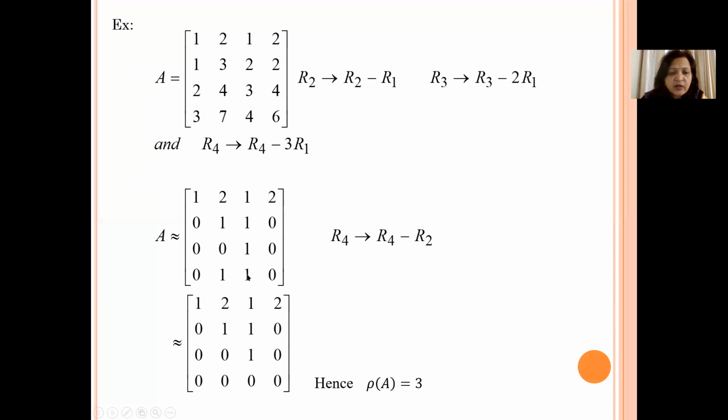So our objective is to obtain 3 zeros. To do this, we subtract the second row from the fourth row. So we operate here: R4 is changed to R4 minus R2. On doing this, we get all 0 elements in the last row.